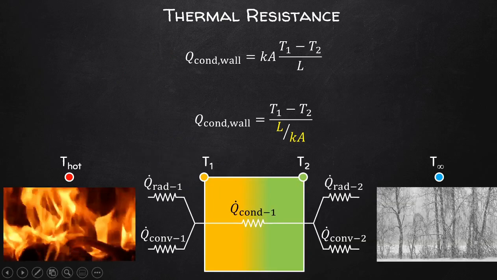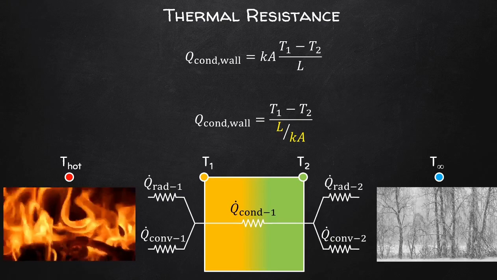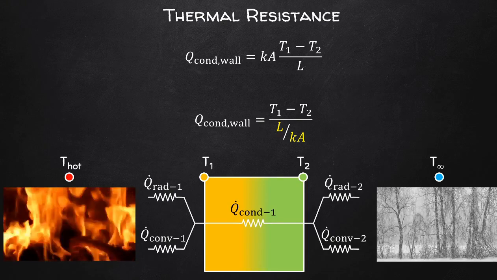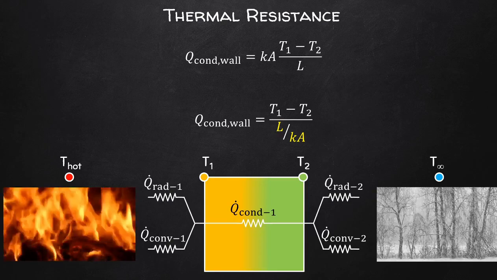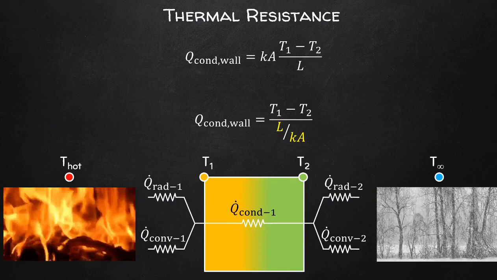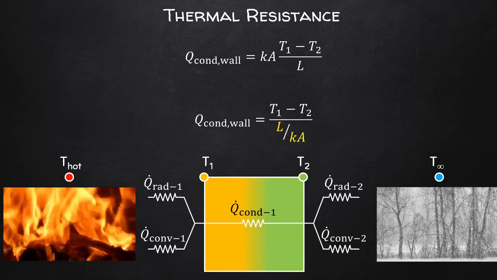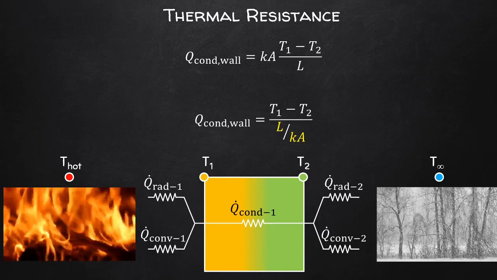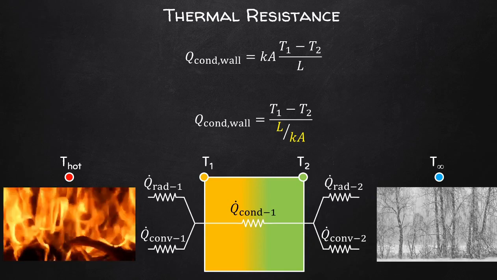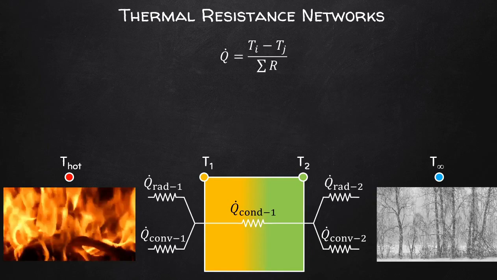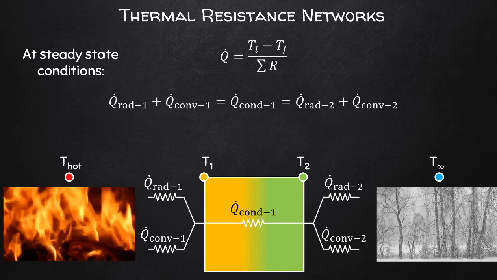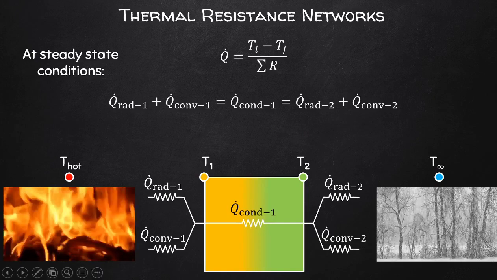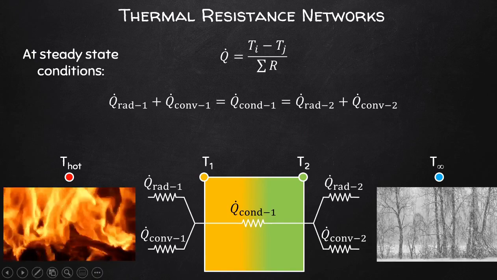Now let's consider the following circuit, and starting from the one side to the other or in the middle, we can describe this sort of heat transfer as a circuitry of resistances that we add together. So let's do this. At the steady state conditions, we apply the good old energy balance as shown here.